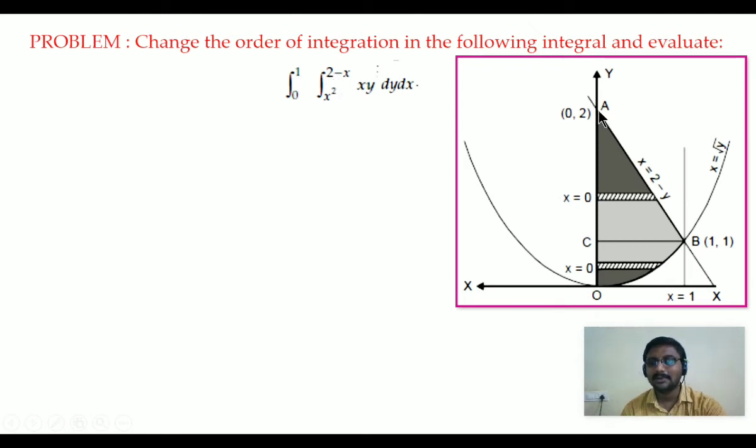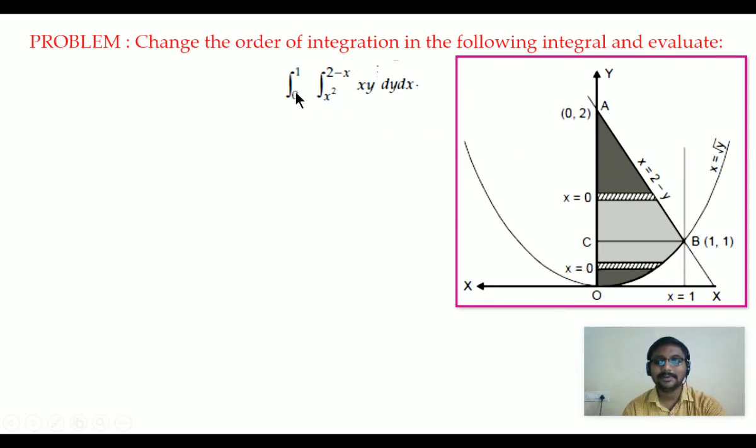So y equal to 2 minus x or x equal to 2 minus y means a line which passes through the point 0, 2 with y-axis and 2, 0 with x-axis. So it is the rough sketch of the region.